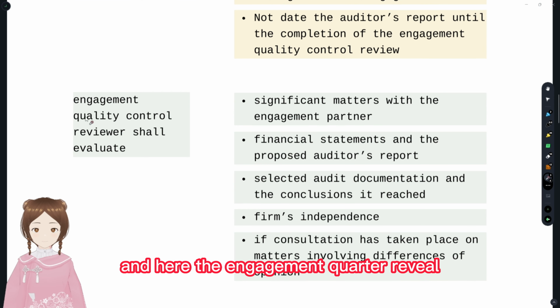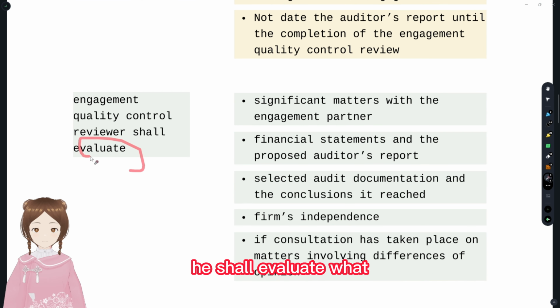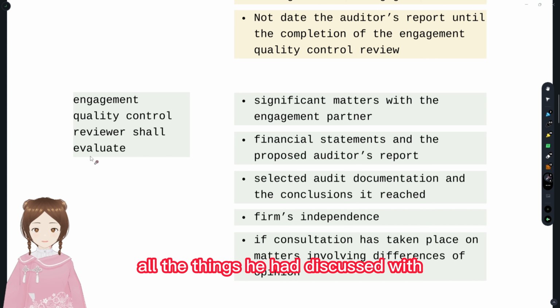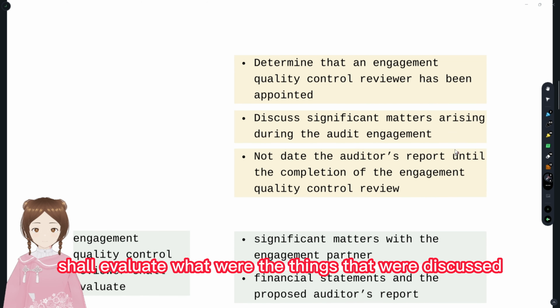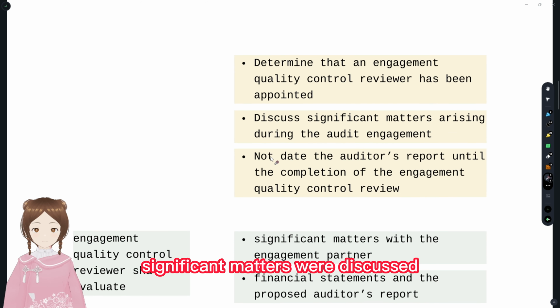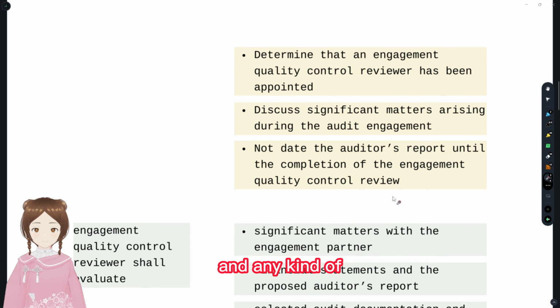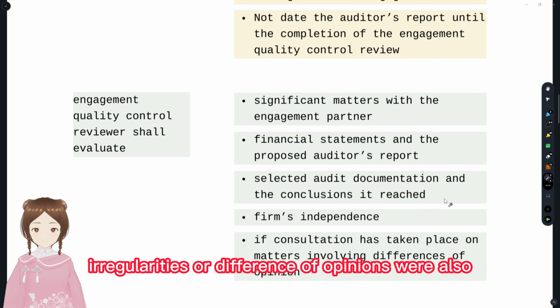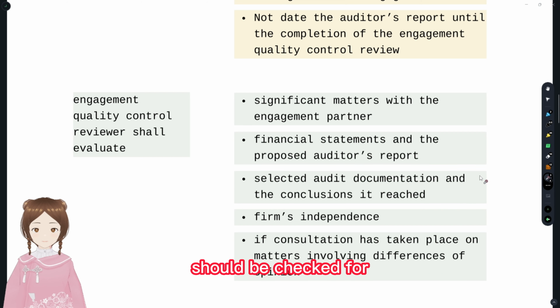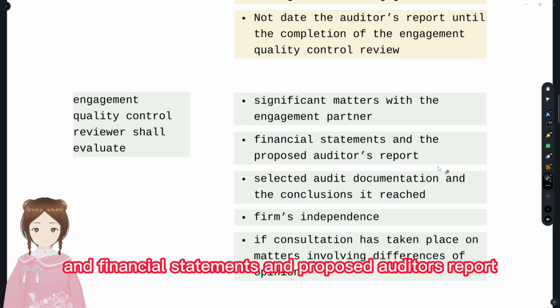And here the engagement quality reviewer shall evaluate what things were discussed. Significant matters were discussed, and any irregularities or differences of opinion should also be evaluated and checked. Then the financial statements and the proposed auditor's report.